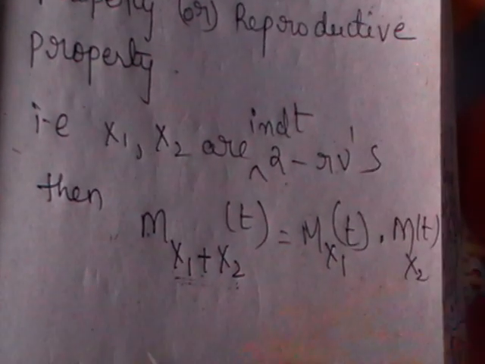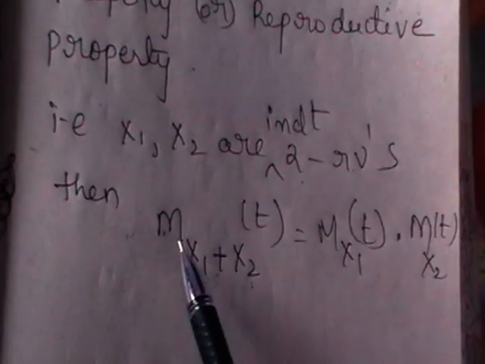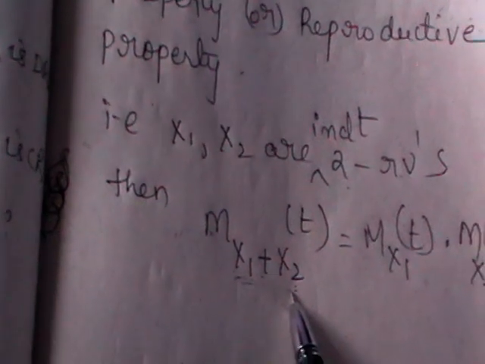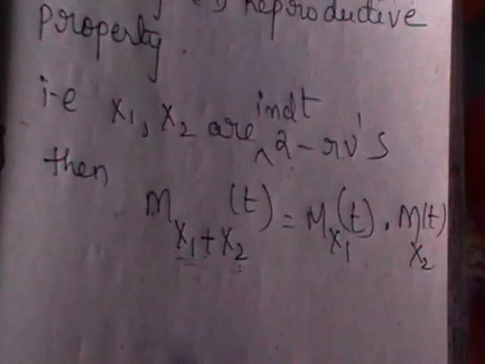So satisfying the additive property means that the moment generating function of the sum of the random variables is equal to the product of their MGFs.